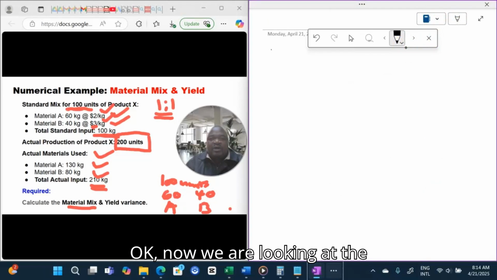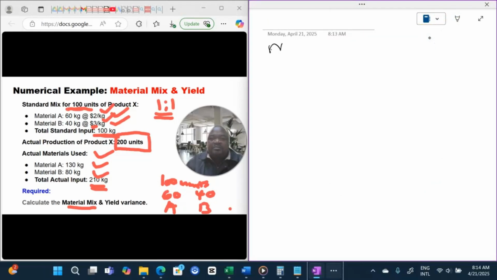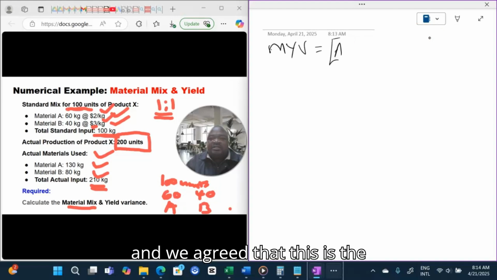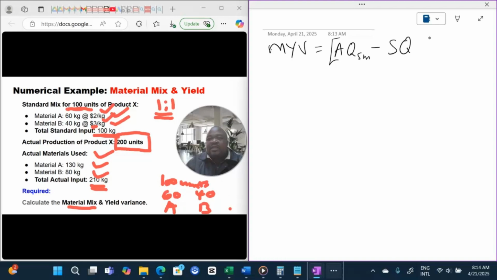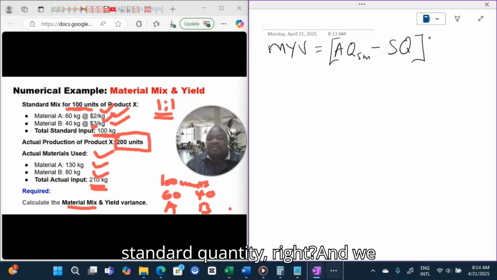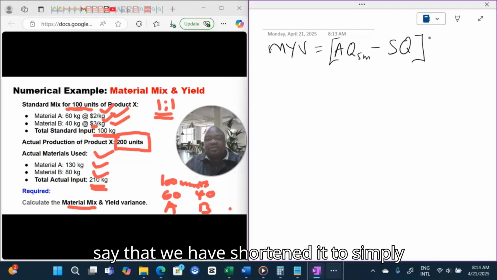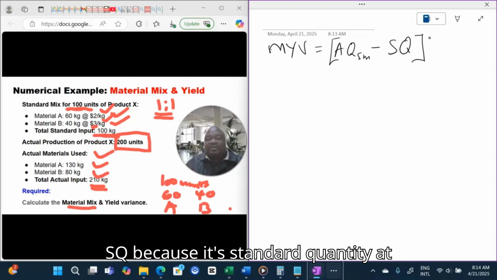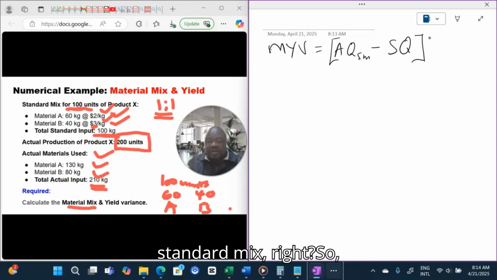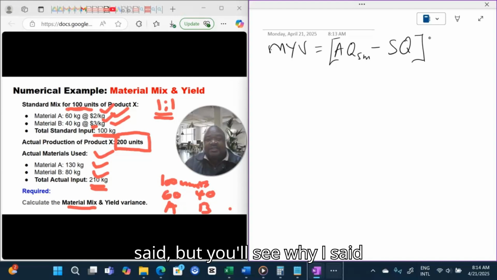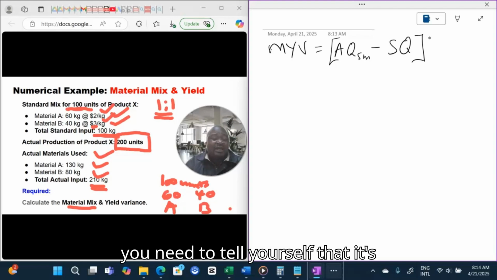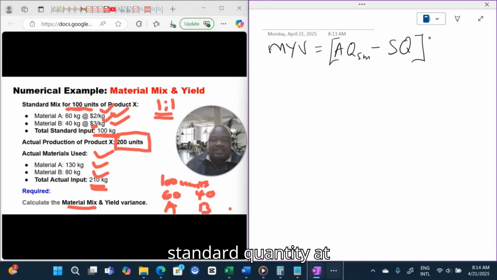Okay, now we are looking at the materials yield variance, and we agreed that this is the actual quantities at standard mix minus the standard quantities. Okay, the standard quantity, right? And we said that we have shortened it to simply SQ because it's standard quantity at standard mix. So far it doesn't make sense, like I said, but you need to tell yourself that it's standard quantity at standard mix.